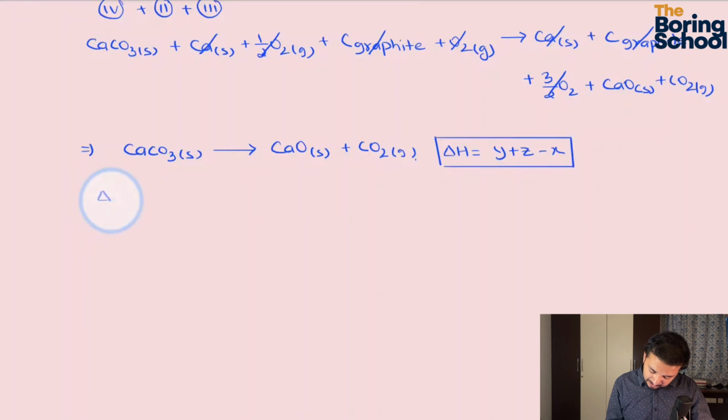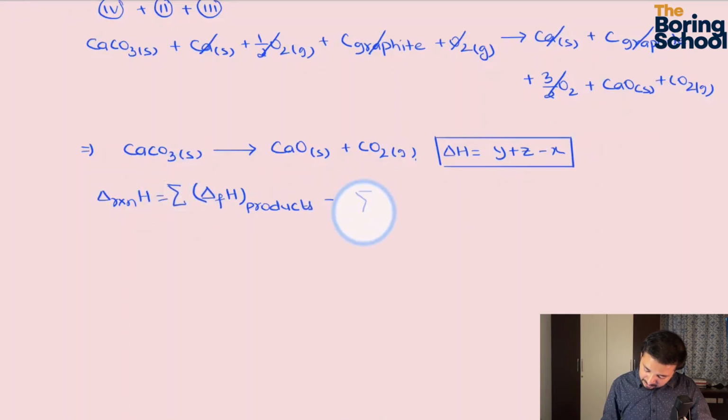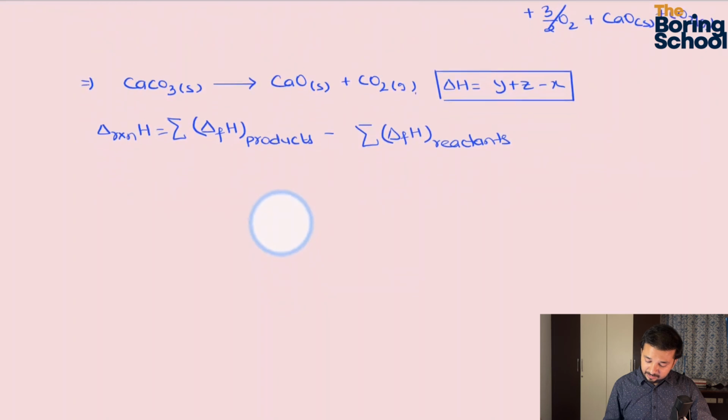We can write a general formula that heat of any reaction, in terms of heat of formation, is summation of heat of formation of products minus summation of heat of formation of reactants.